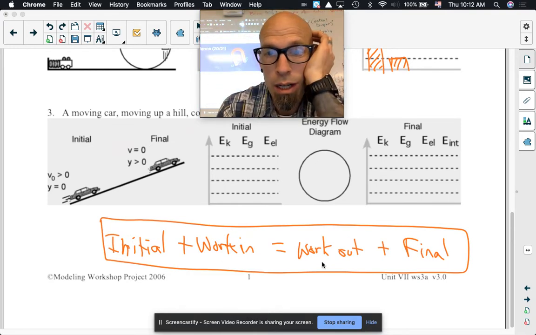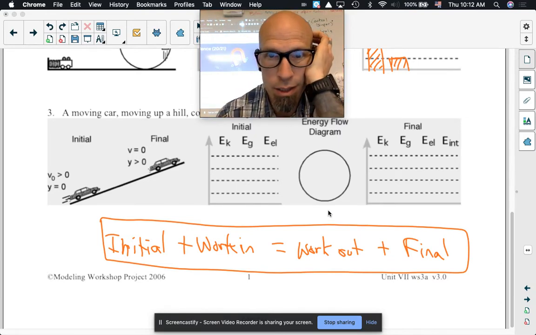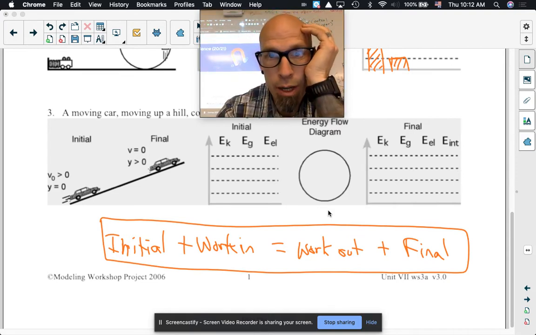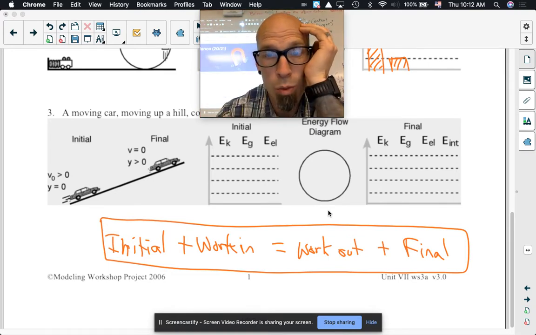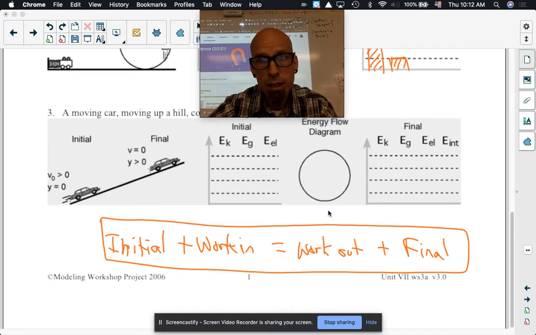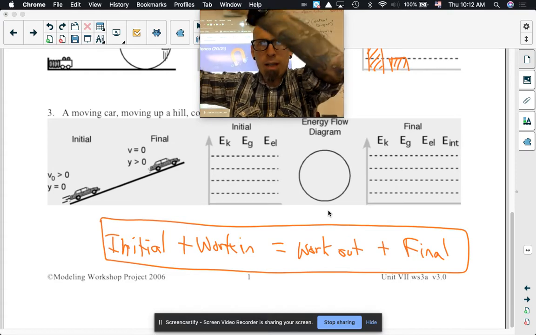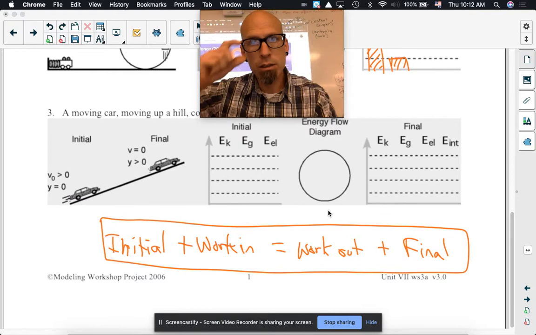So, work can be transferred into a system, or work can be transferred out of a system. Energy can be transferred into or out of the system, depending on how exactly the work is done. For instance, if I have something laying on the floor and I want to transfer energy to the object, well, I can pick it up, exert a force on it, and move it to a higher level. That's doing work and transferring energy into the system.